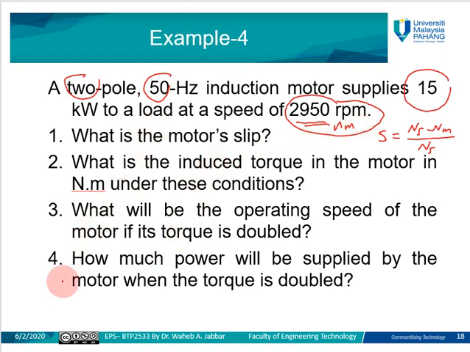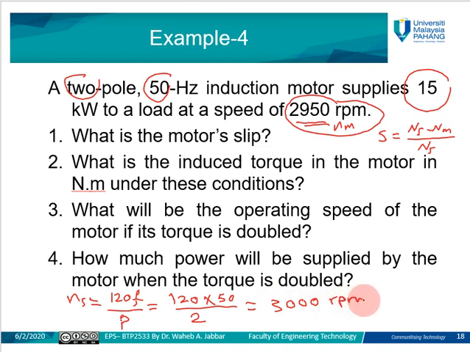As we can see here, NS equals 120 F over P, which equals 120 times 50 hertz in this case over P, which equals 2 poles. So it will give you the synchronous speed, which is 3000 RPM. From the synchronous speed, we just substitute NS here, which is 3000.